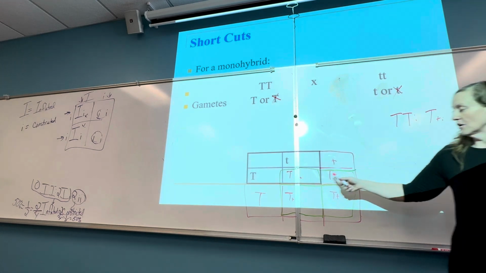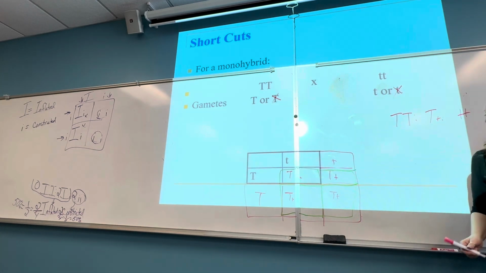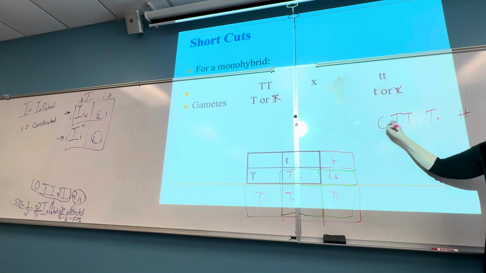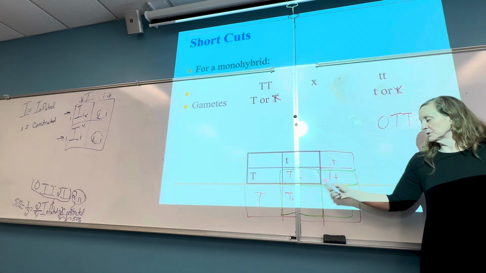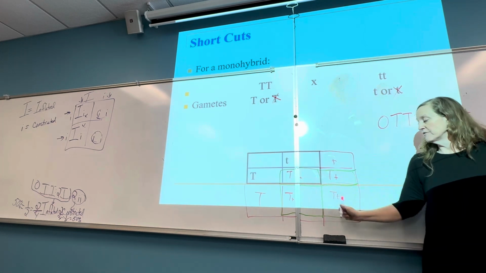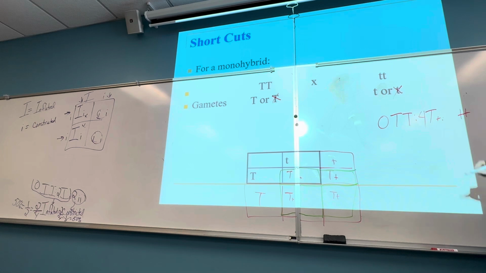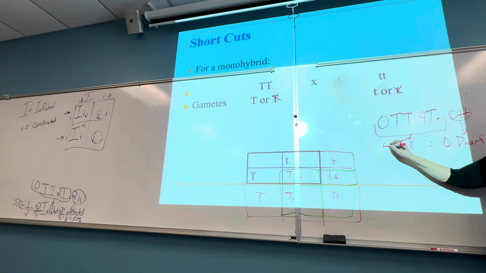When we take a look at our offspring from our parents here, you have 0 possibility of capital T, capital T. We have 1, 2, 3, 4, big T, little t, and 0 little t, little t. Translate that into phenotype: we have 0 dwarf, and we have 4 tall.